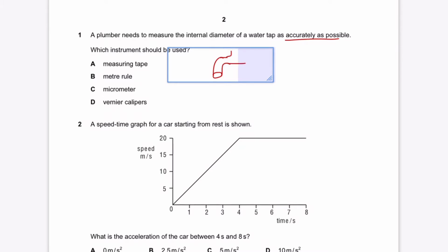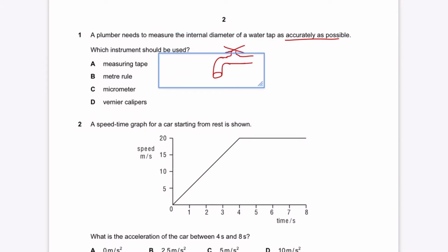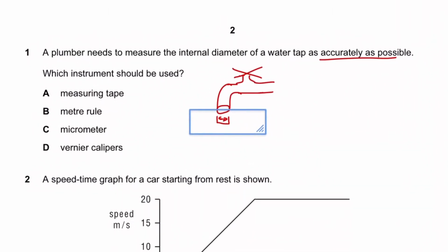Let's just pretend this is a water tap. So, what we are supposed to measure is this internal diameter within this tiny gap.